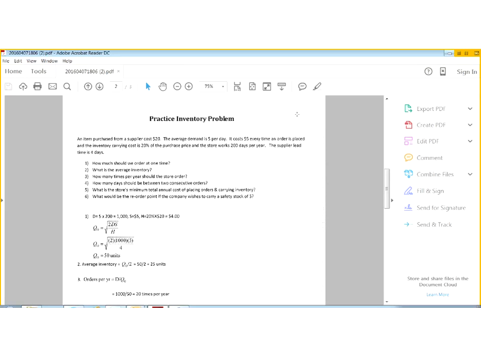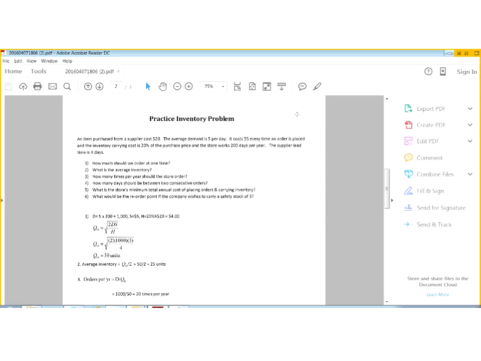Now, the next thing we need to do is to write the formula. One of the grading criteria for the quiz is you must write the correct formula in order to get full credit. So this is what I mean by writing the correct formula.